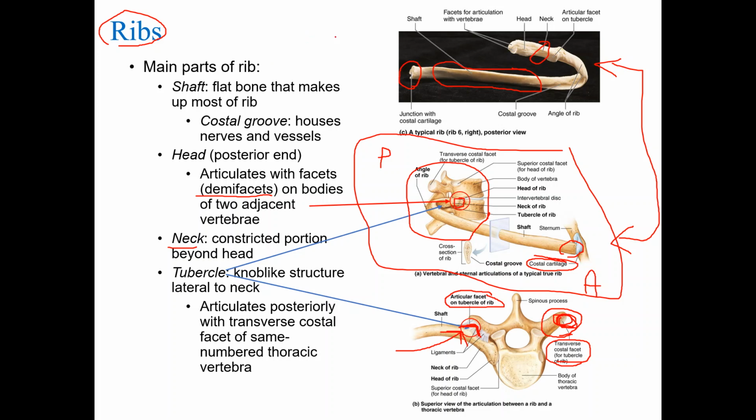So that's pretty much it. Ribs are pretty easy. I guess the trickier part is remembering all these additional facets. But if you understand them when you study the thoracic vertebrae, then this should be really easy for you to understand.